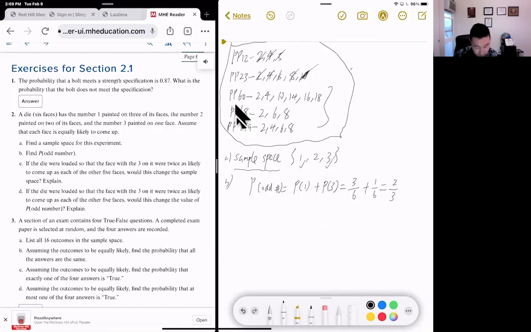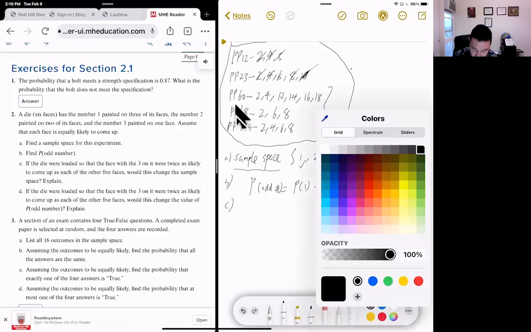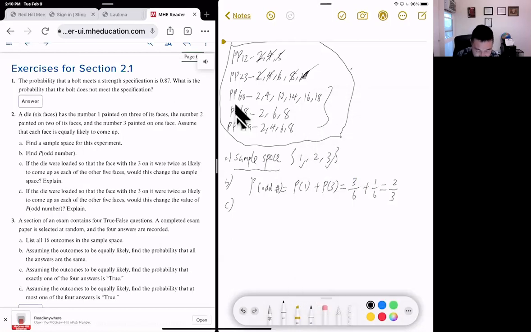Let's continue. Part C asks, if the die were loaded so that the face with the 3 on it were twice as likely to come up as each of the other 5 faces, will this change the sample space?